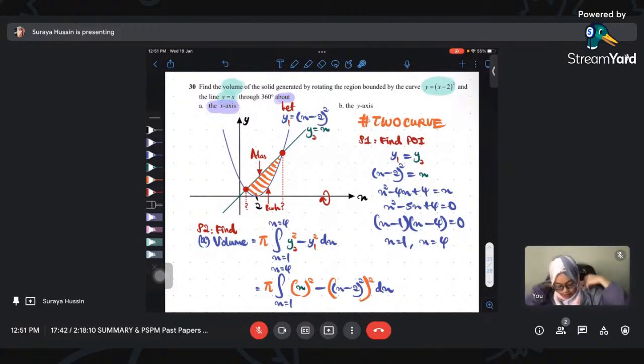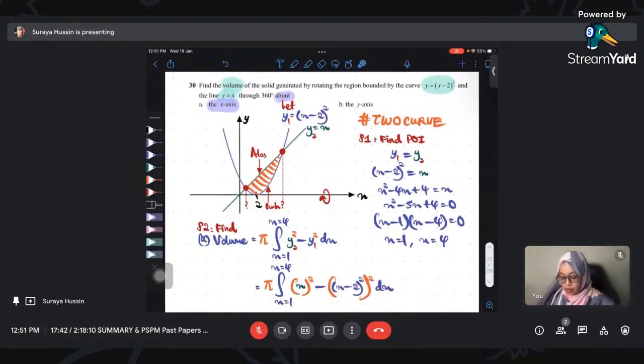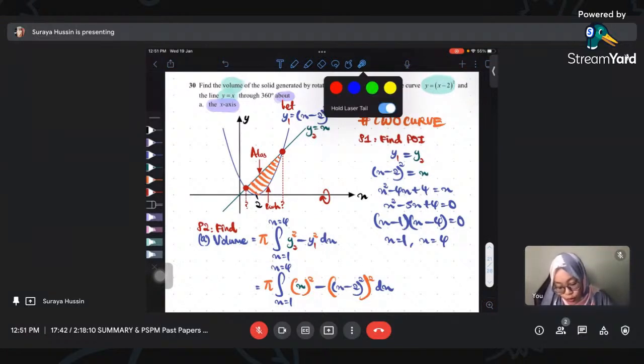Next question dekat sini. Soalan 30, A dan B. So now, saya akan explain volume untuk two curve. How do I know two curve?